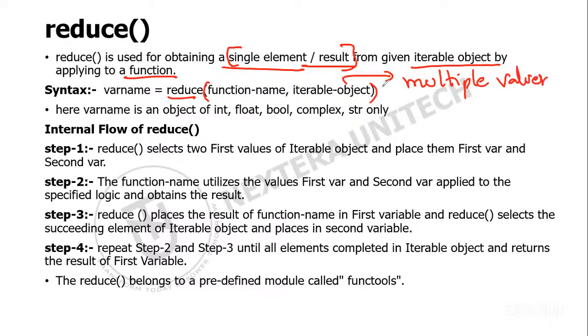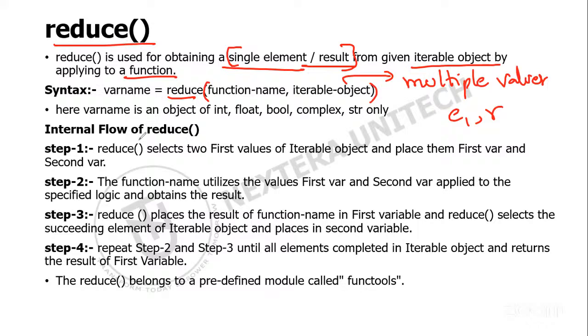So these multiple elements will be passed to the function. And finally, the reduce function will return only a single element or single result. That is the purpose of using reduce function.